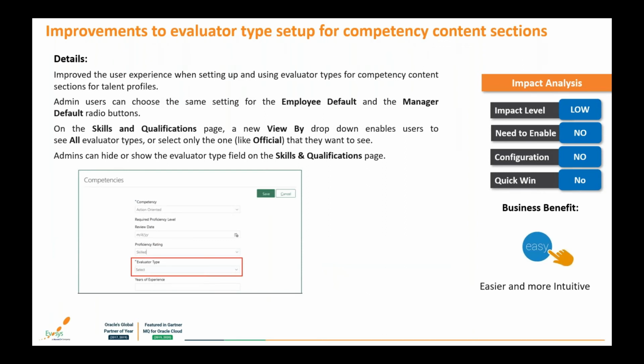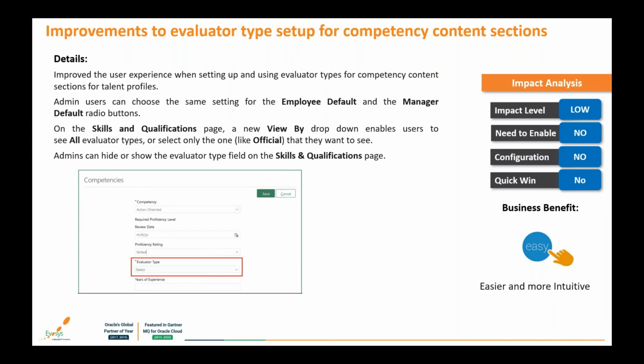So this is the profile section improvement to the evaluator type. As we all know, with the V2 update, the competency section has evaluator type by default, which was not a part of V1. In evaluator type, we have to provide the corresponding details like self or supervisor or official, and accordingly we'll input the data.